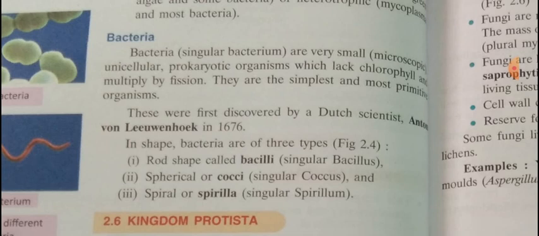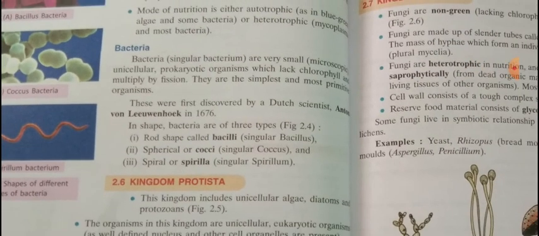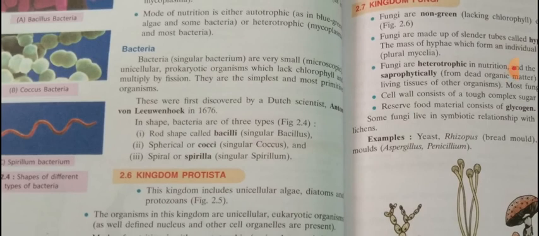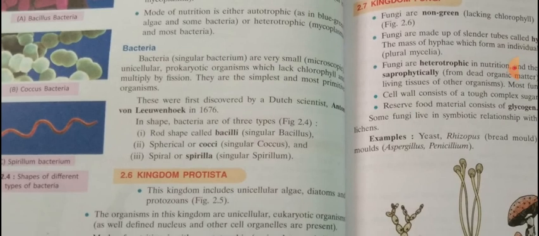These were first discovered by the Dutch scientist Antonie van Leeuwenhoek in 1676. Important. In shape, bacteria are of three types: rod shape called bacilli, spherical or cocci, spiral or spirilla. Okay.